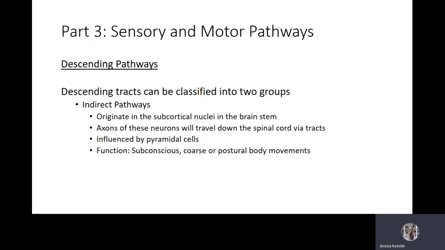These indirect subcortical pathways will actually maintain or cause small muscle movements to adjust our posture so that posture can be maintained. So these would be kind of subconscious movements.